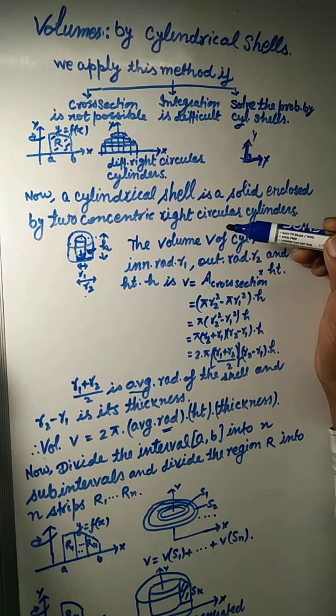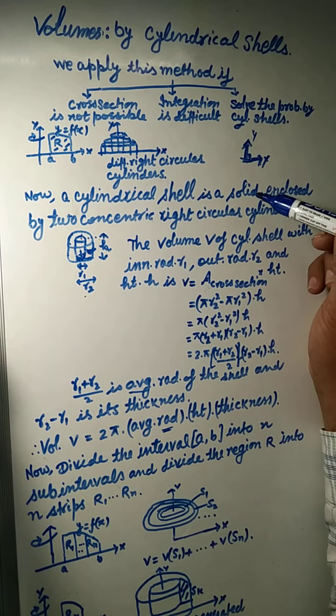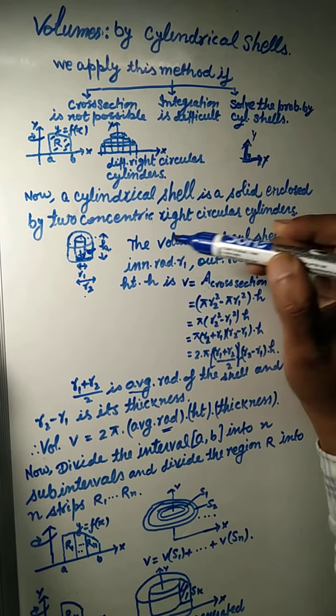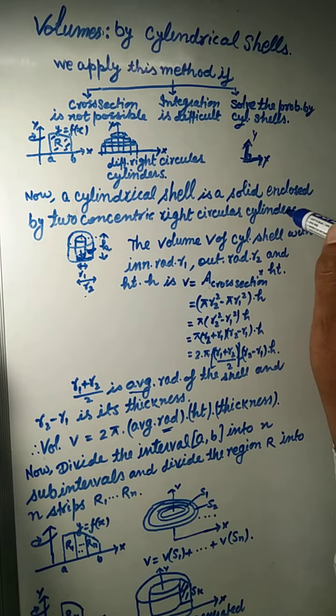Now, a cylindrical cell is a solid which is enclosed by two concentric right circular cylinders.